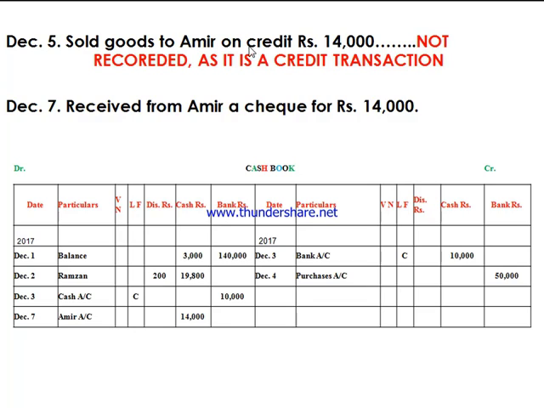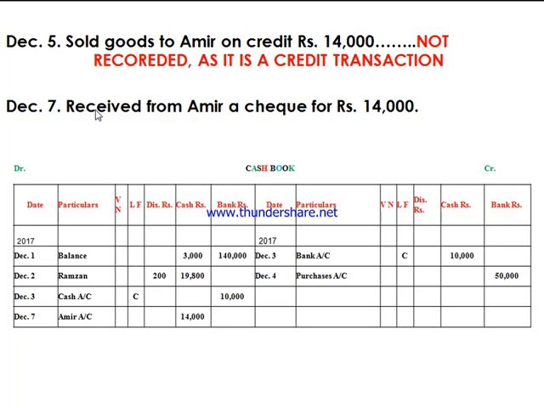As there is no cash in this transaction, it is on credit, on account, and cash will be paid or received later on when there is any transaction on credit. Therefore, as cash is missing in this transaction, this transaction is not recorded in the cash book. Let's see the next transaction.